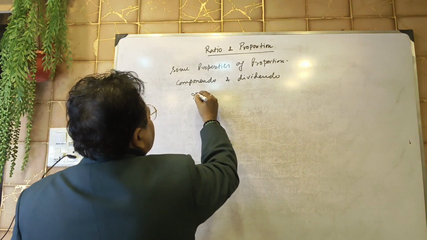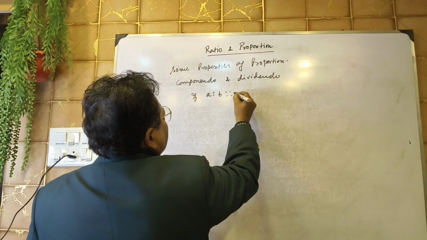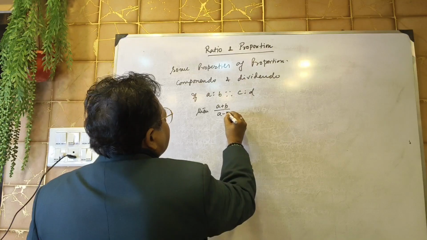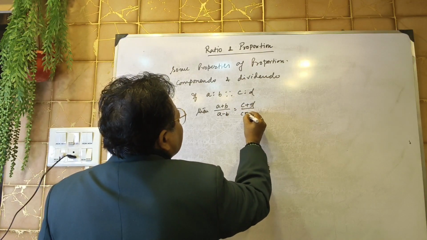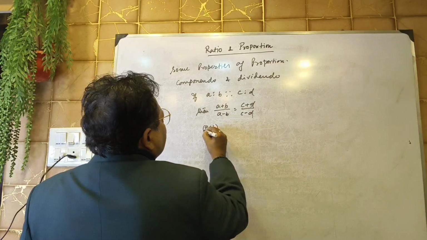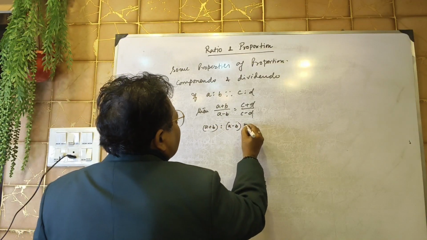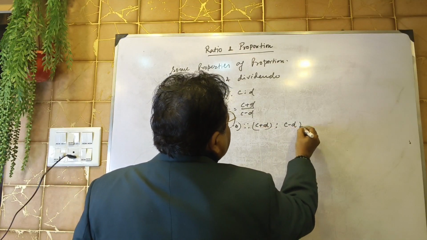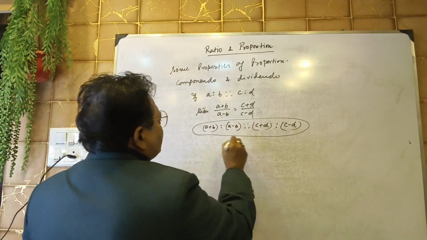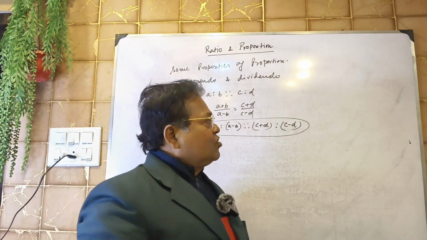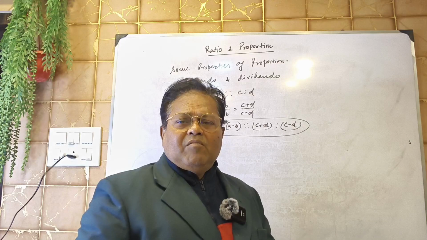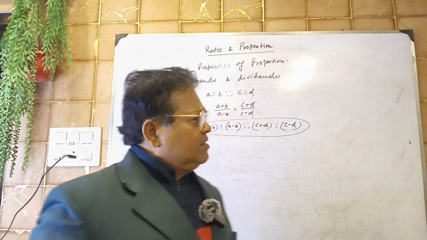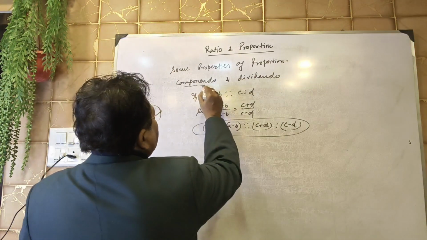If A is to B is to C is to D, then A plus B by A minus B is equal to C plus D by C minus D. That is, A plus B is to A minus B is to C plus D is to C minus D. This is the most important relation required to do most of the sums in proportion. This is called componendo and dividendo.